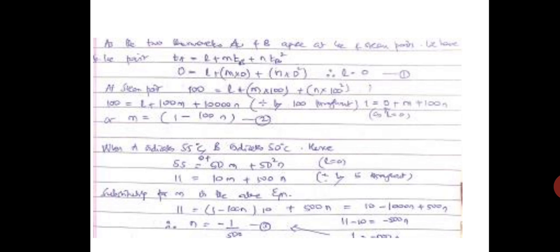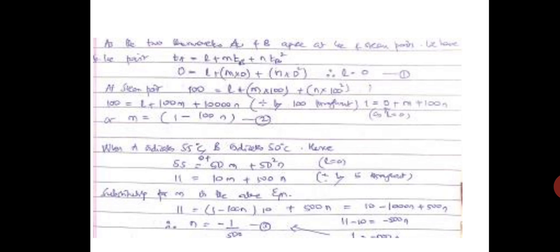So substituting for m in the above equation, m is 1 − 100n. So 11 = 10 into (1 − 100n) + 500n. Simplifying this, we get 10 − 1000n + 500n.